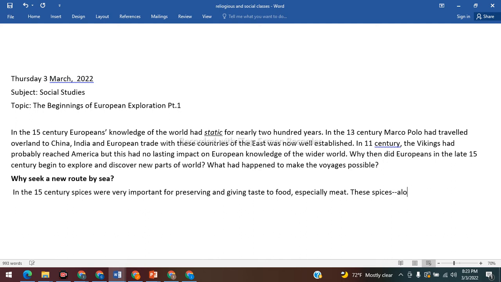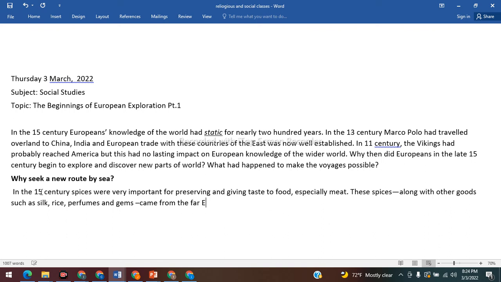These spices, along with other goods, we saw these last week, such as silk, rice, perfumes, and gems, came from the Far East.